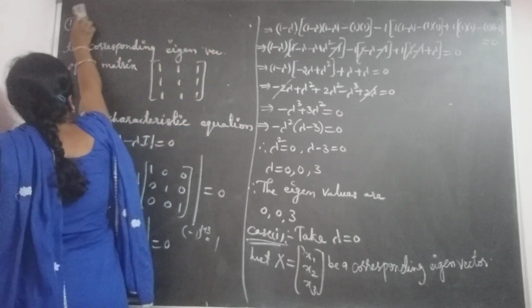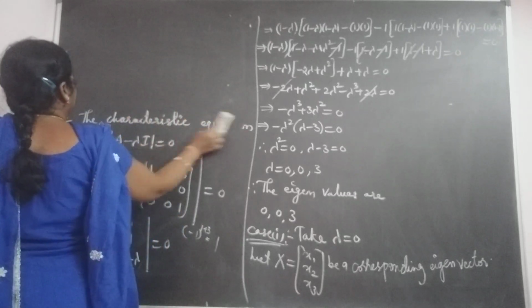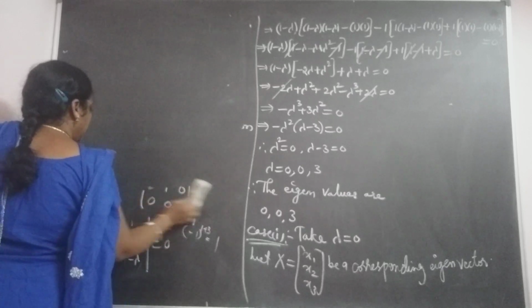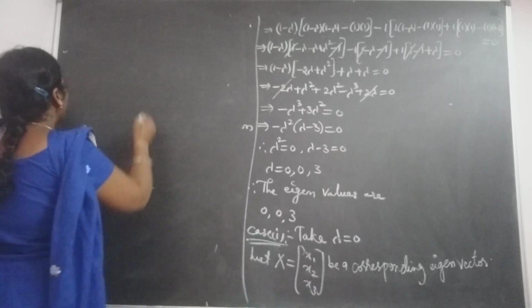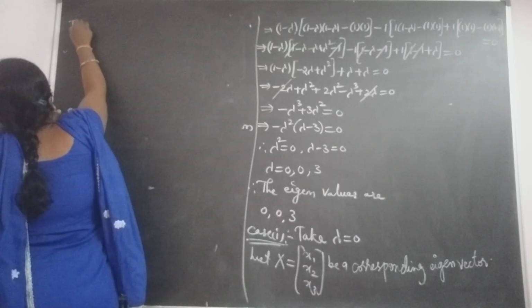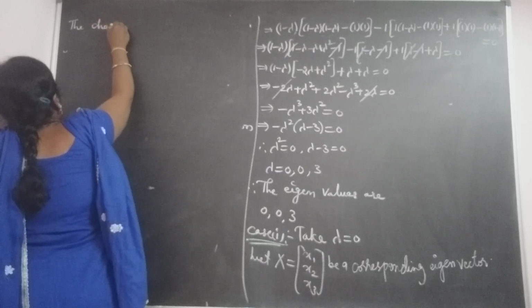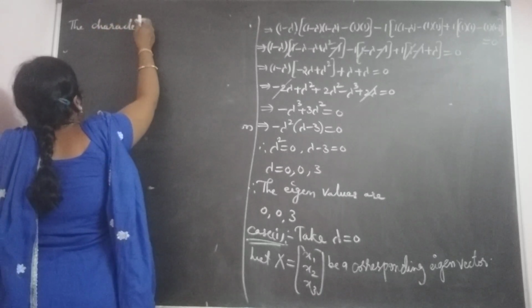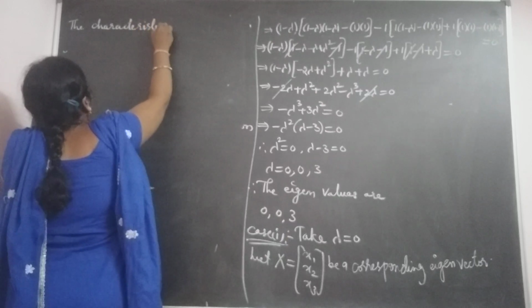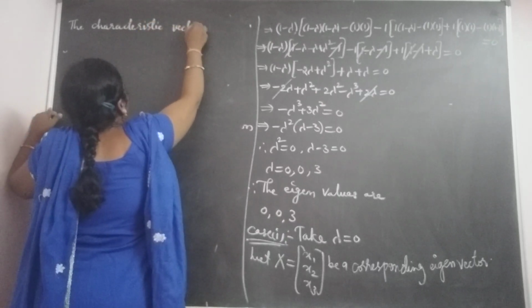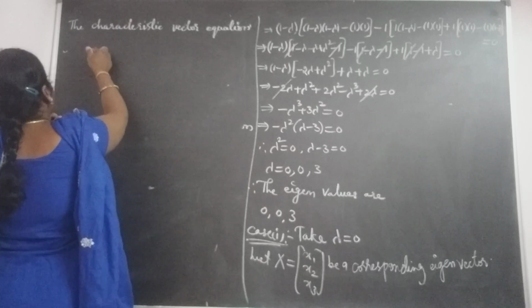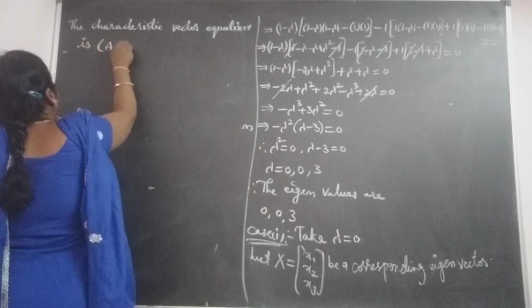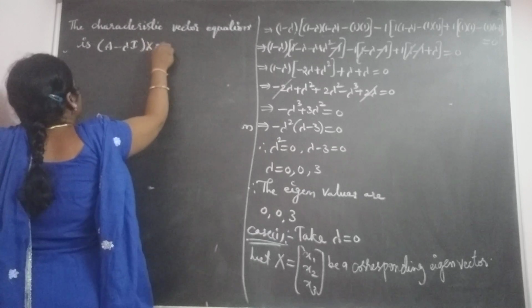The characteristic vector equation is A minus lambda I into X equal to 0.